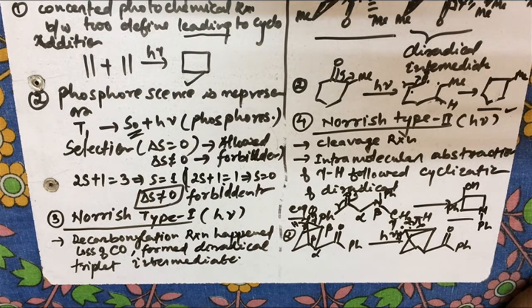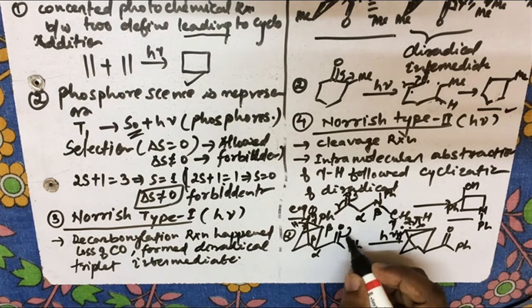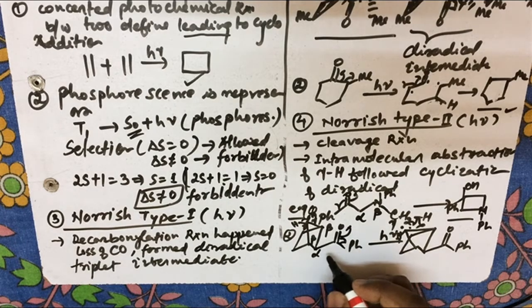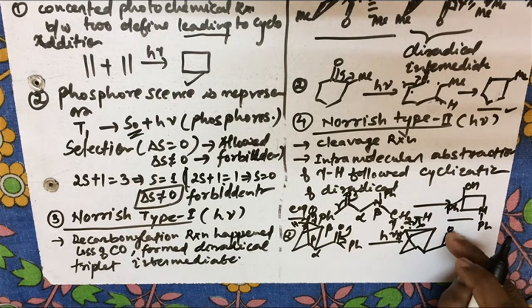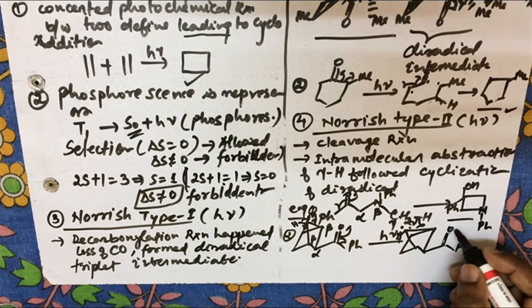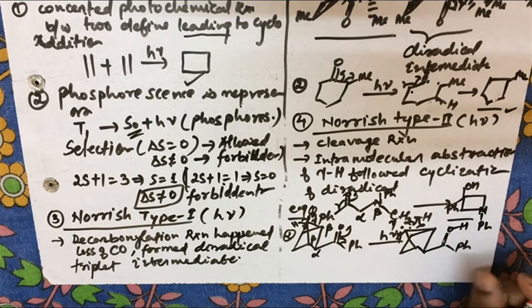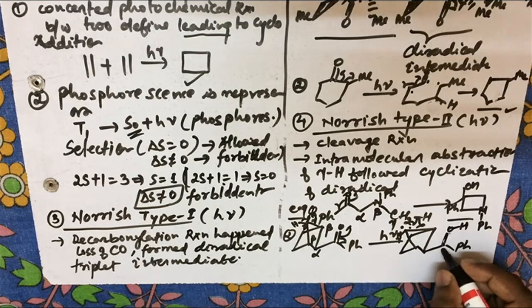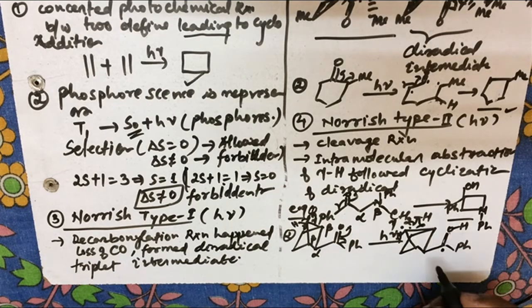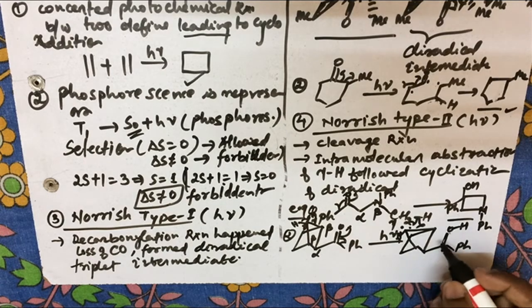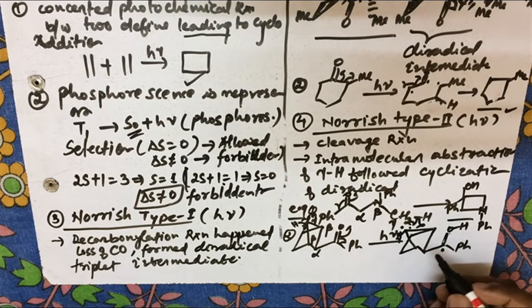And this hydrogen is abstracted by this carbonyl, so this will come here, and one radical remains here. Now one radical is remaining.